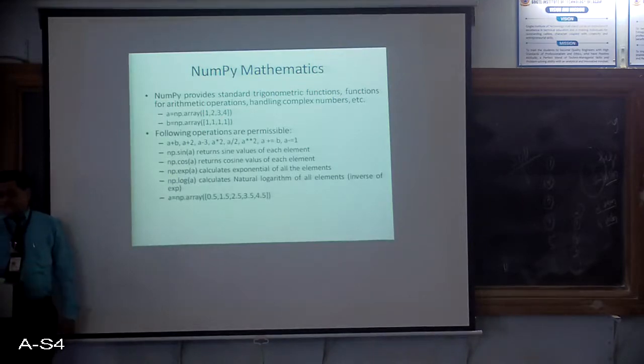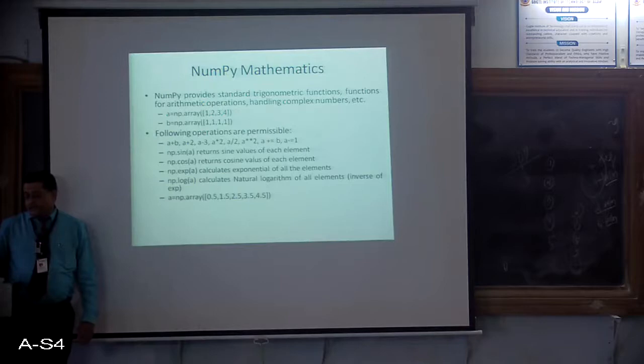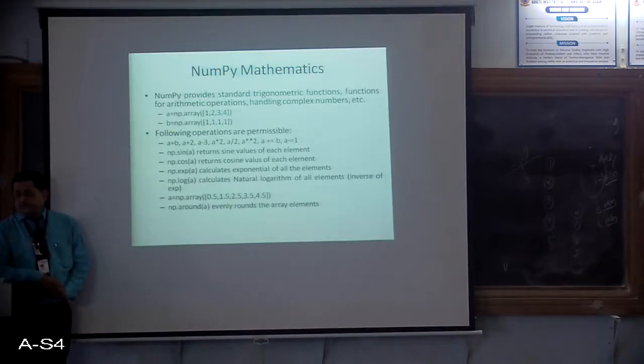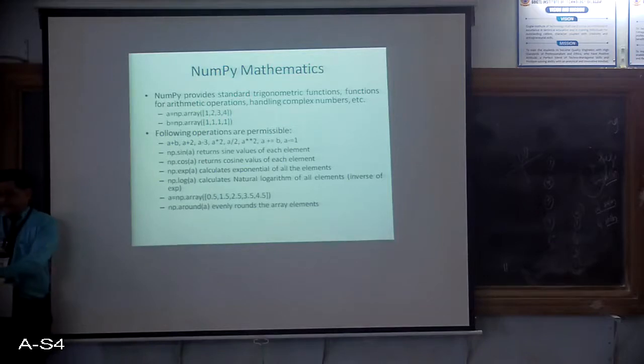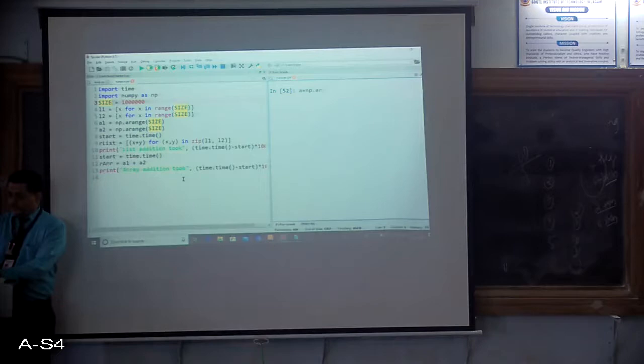Similarly, if I have an NP array that looks like this, then I can round the values using round, which will perform rounding of the array elements. Let us look at this quickly. A equals np dot array 0.5, 1.5, 2.5, 3.5, 4.5.